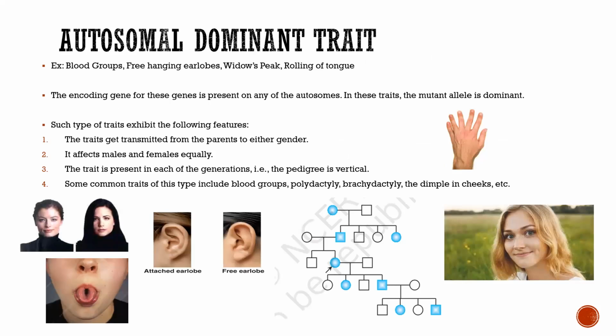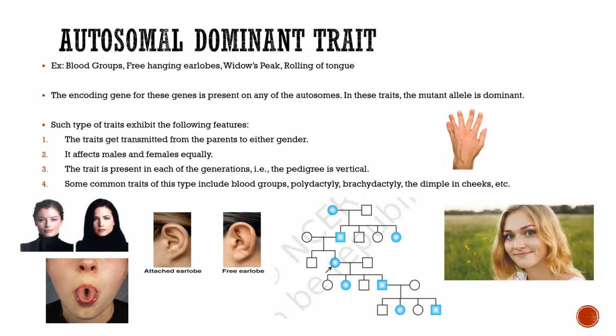So the first condition which helps us to study pedigree analysis is autosomal dominant trait. This type of condition can be studied in blood grouping, free hanging earlobes, widow's peak, and rolling of tongue.